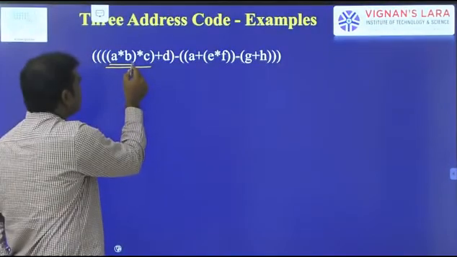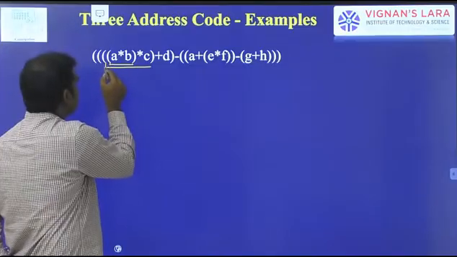Suppose take A star B. It is a parenthesis. So first we have to compute A star B. Later star C. First one, this one. This is the second one.